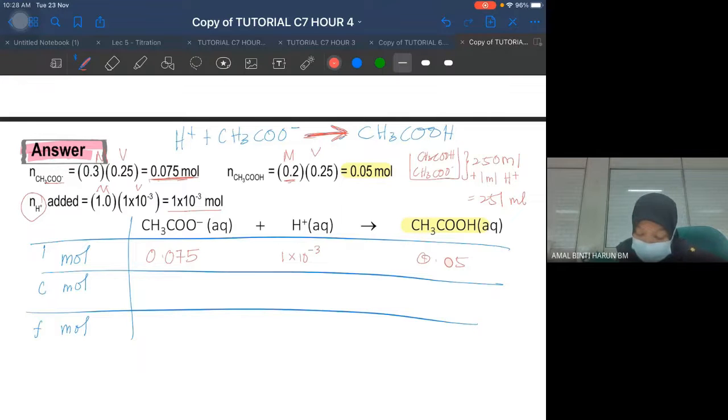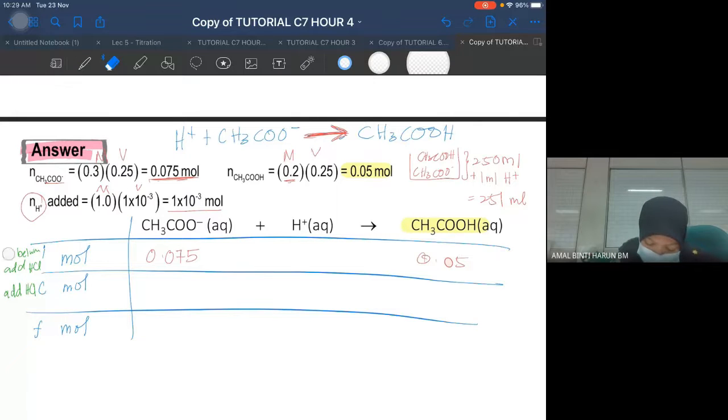Ya, sebelum kita tambah HCl. Ni bila add HCl. So bila kita add HCl, initial mole, change in mole.